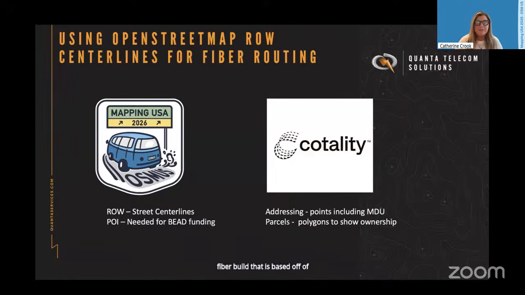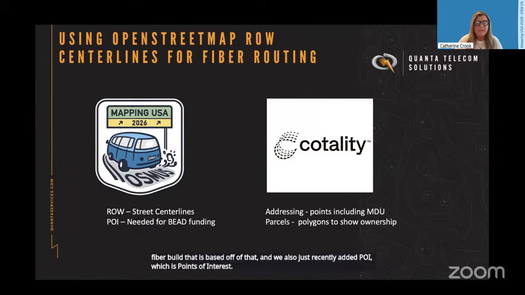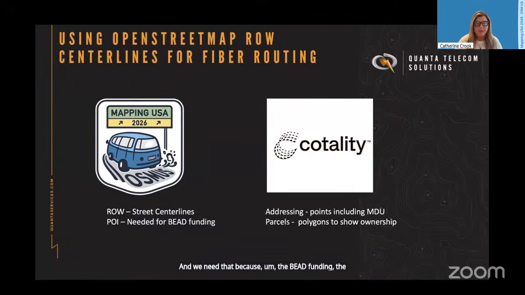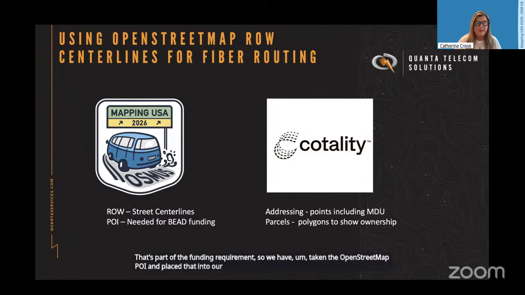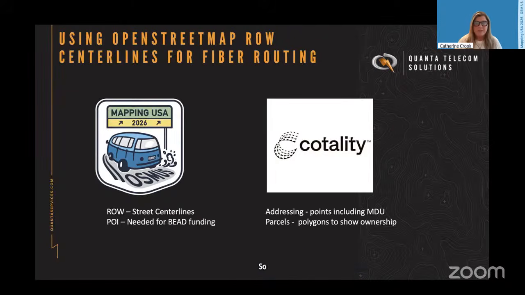And we also just recently added POI, which is points of interest. We need that because the BEAD funding, the $43 billion, has that as part of the funding requirement. So we have taken the OpenStreetMap POI and placed that into our mapping environment so that the local governments and counties can say, yes, we do have that embedded into the outputs.